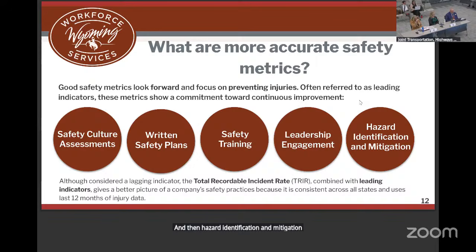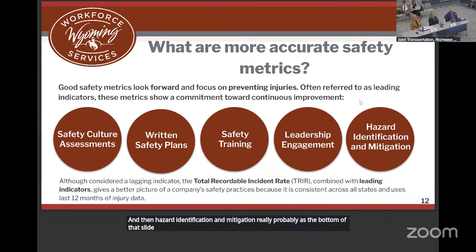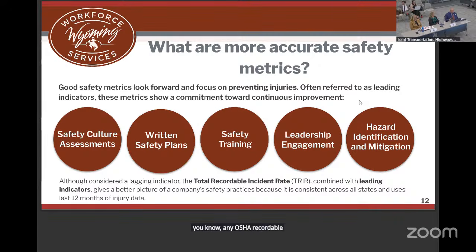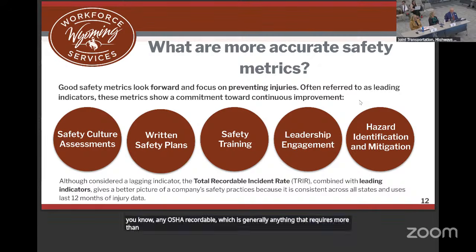Probably, as the bottom of that slide indicates, a better measure is what they call a TRIR, or total recordable incident rate. That is any OSHA recordable, which is generally anything that requires more than first aid, and should be reported on an employer's OSHA 300 report. And again, the reason that's a better metric is because it's uniform across the United States.